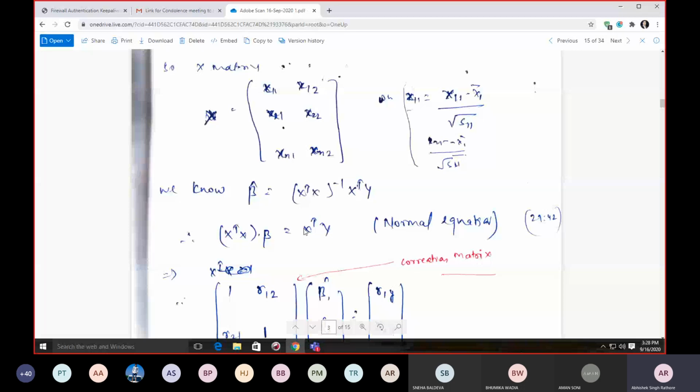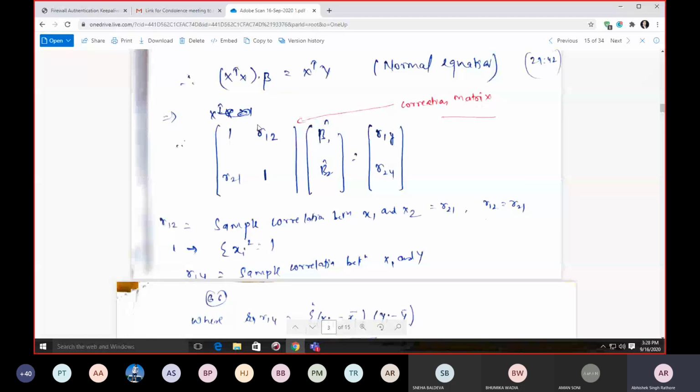What we can have is that this is 1, 1 and this is r12 and r21. What is this? This is my correlation matrix available here, and r12 is the sample correlation between x1 and x2. Again, r12 is equal to r21 because this is a symmetric matrix.